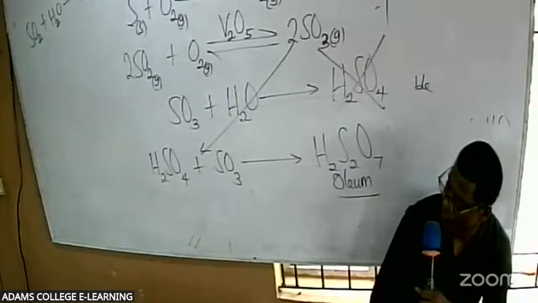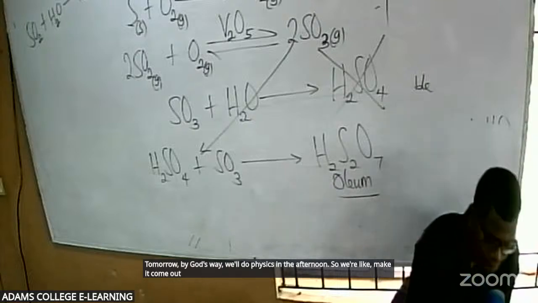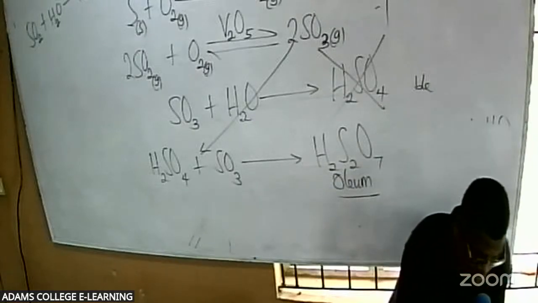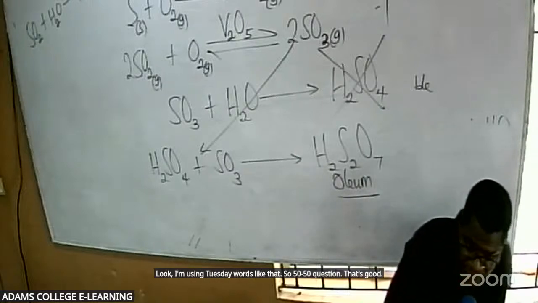Tomorrow, by God's grace, we'll do physics in the afternoon. I'm using Tuesday, Wednesday like that, solving 50-50 questions. That's good. Before January, we'll have solved 250 physics, 250 chemistry.